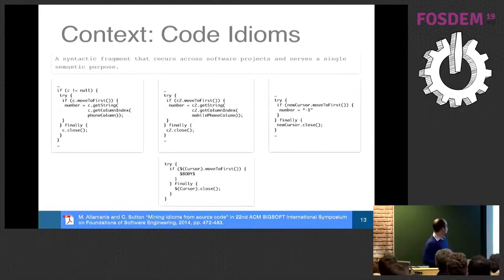So as you can see, in the end, these 3 pieces of code are doing the same thing. You can generalize these 3 pieces of code with this idiom. And maybe when you have to modernize and move from one version of your system to another, you can use this kind of information.